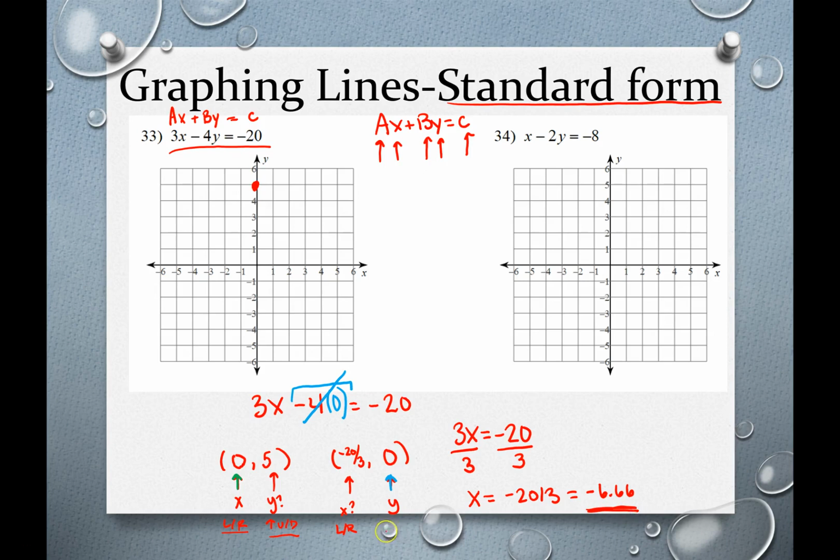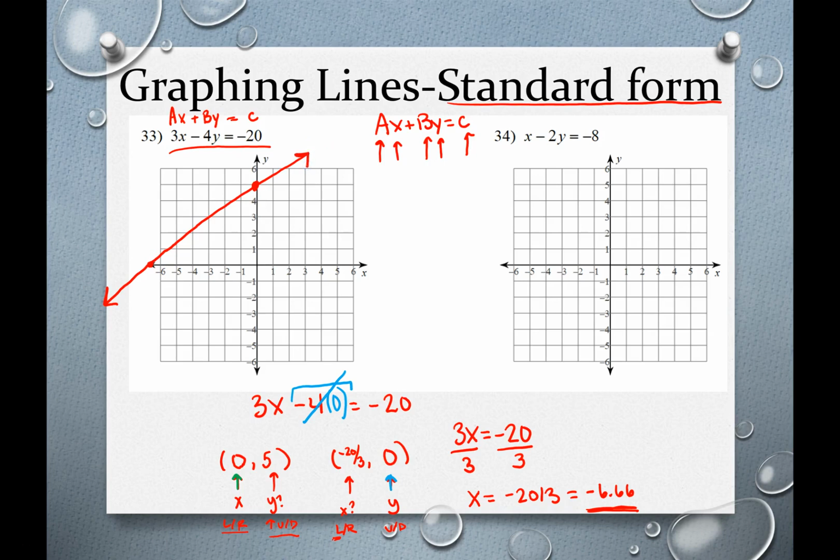And I'm going up, down, nothing. So I'm really just going left, right, because negative would be left. I'm going left -6.66. So that's roughly right here, I would say. I'm just going to connect those two, just like that. And I've graphed my line.